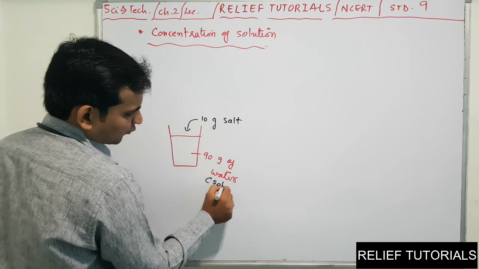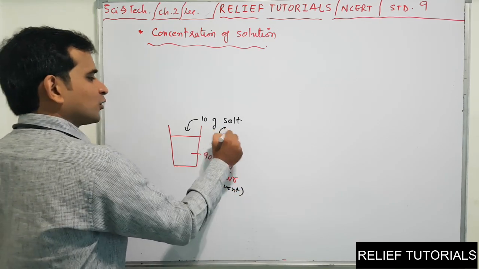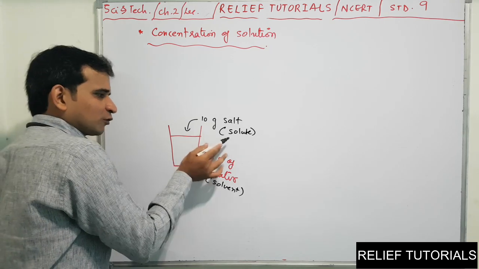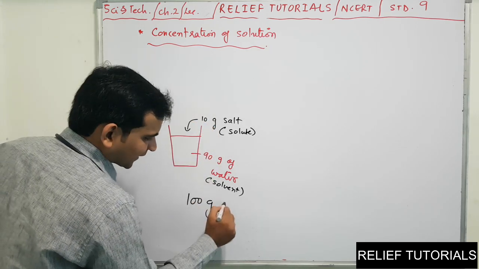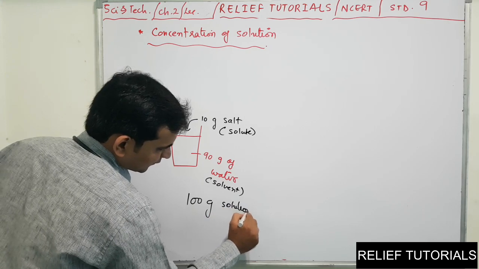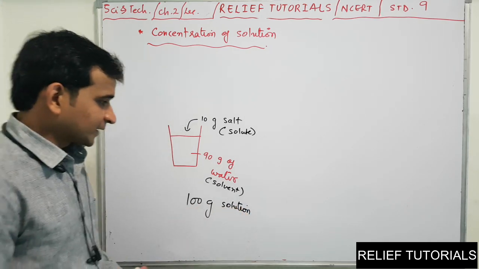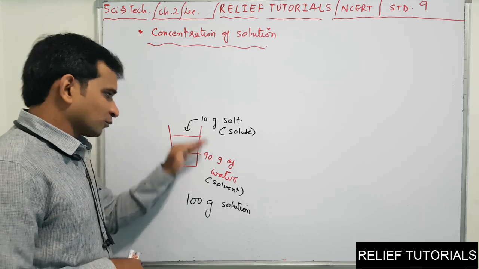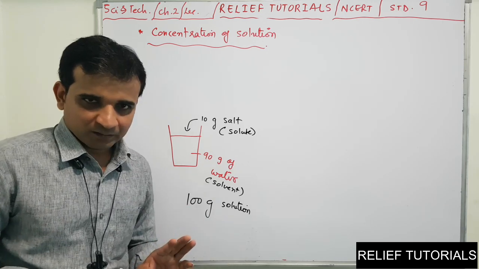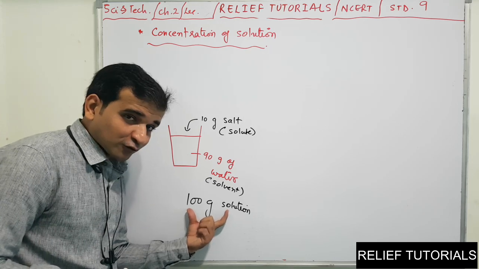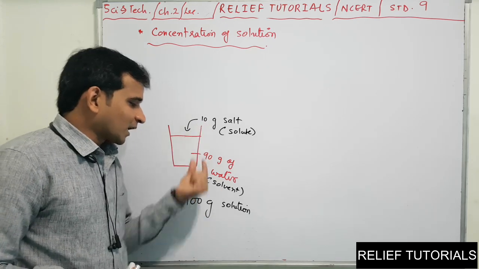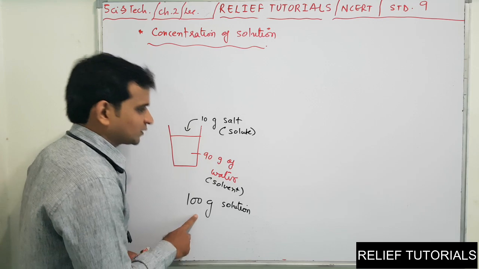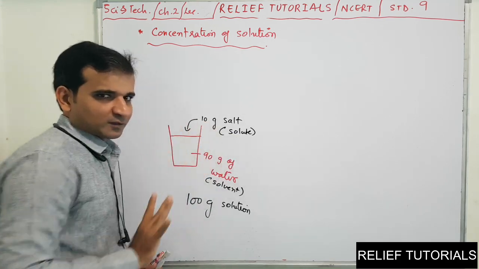Here water is the solvent and salt is the solute. 90 gram of solvent and 10 gram of solute combined form 100 gram solution. 90 gram is the mass of solvent only, but when you add 10 gram of solute, the total mass of the solution would be 100 gram. So in this 100 gram of solution, I have 10 gram of salt, meaning solute is present.